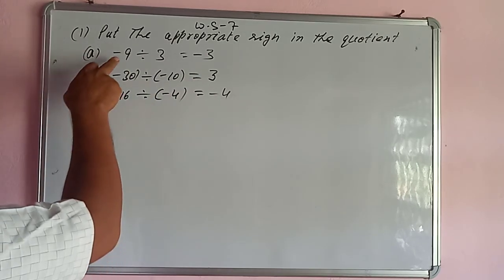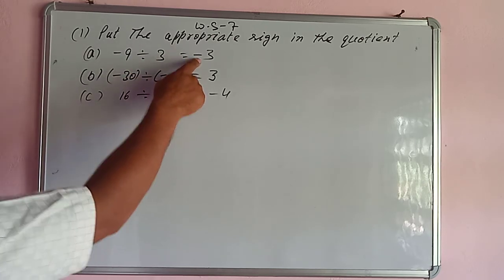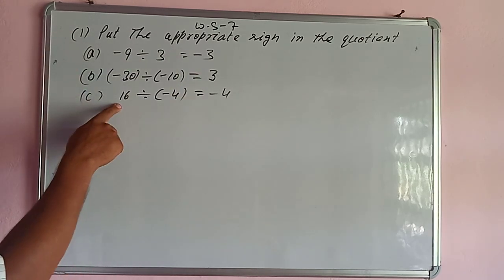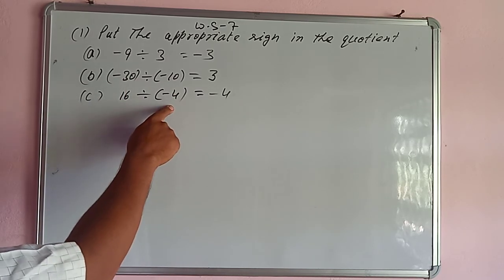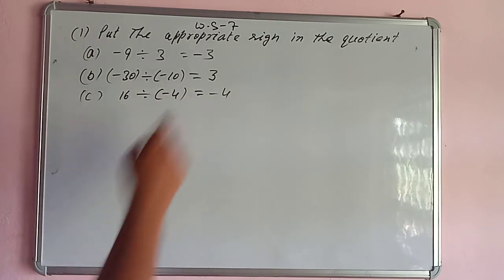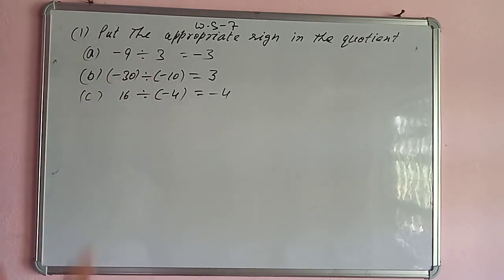If the dividend is negative and the divisor is positive, the quotient is negative. If the dividend is positive and the divisor is negative, the quotient is negative. So if one of the terms is negative, then the quotient is always negative. If both dividend and divisor are negative, the quotient is always positive.